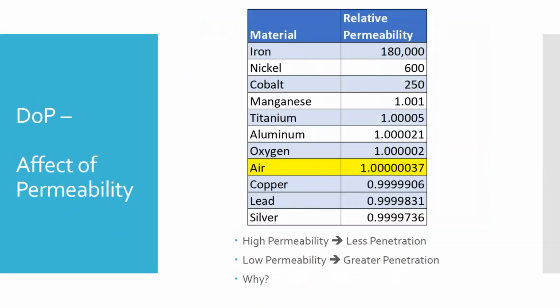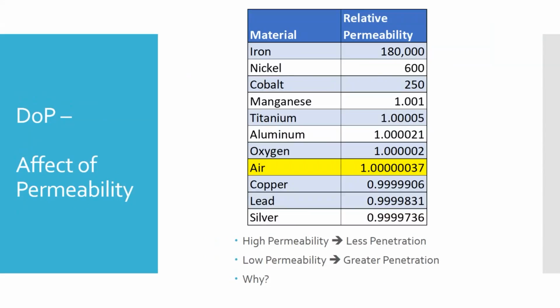The other part of that is permeability. Permeability is how easily we can magnetize something. You can see they put air on here. Air is effectively 1. They start the scale with air. So you can, in theory, magnetize air. It's just 180,000 times harder to magnetize air than it is to magnetize soft iron.